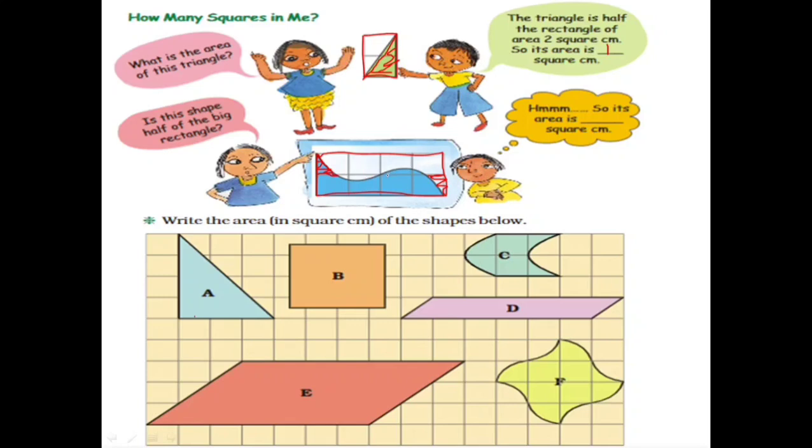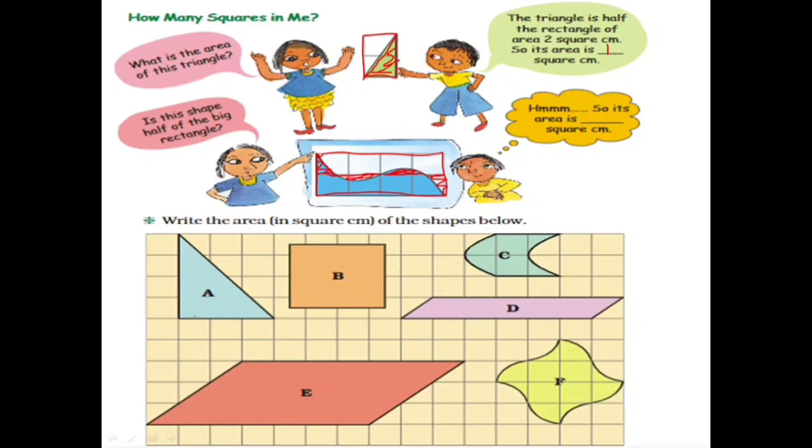And this protruding part, which looks like a mound, I have colored it with red if you observe closely. This can exactly fit in this vacant part, this empty part here.